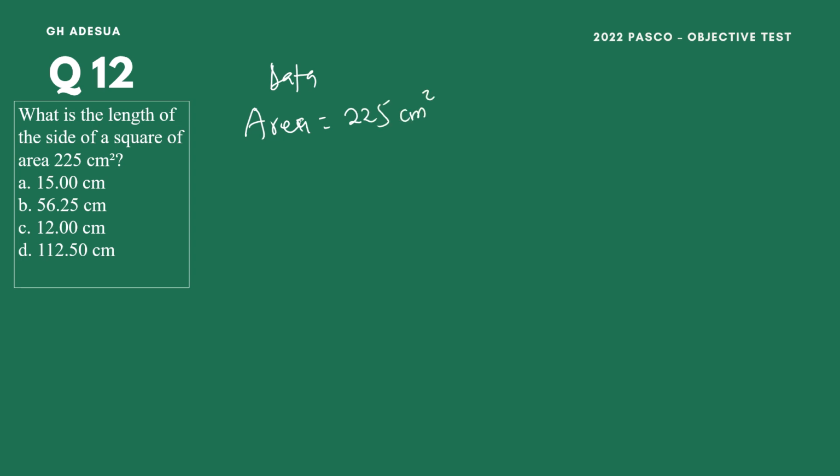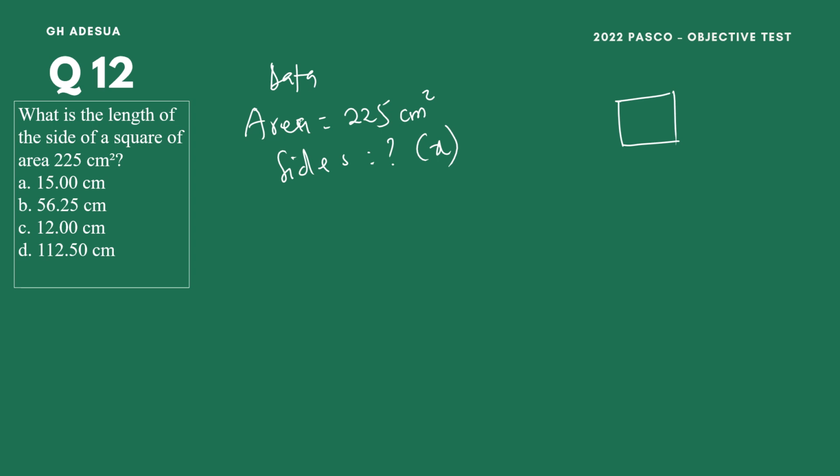Whilst the side is unknown, so we can denote that by x. We know that for a square, all its sides are equal. That is why the area of a square is the square of its side.